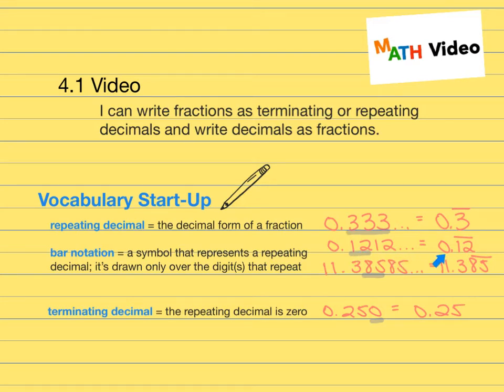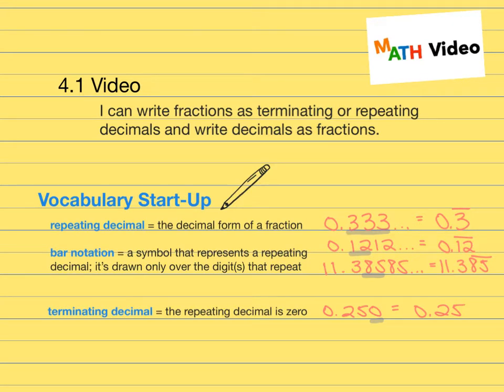So we can simplify that repeating decimal by writing 12/100 repeating. Notice the bar notation above the 1 and the 2. And then finally, in this example, the only 2 digits that are repeating are the 8 and the 5. So we write the number with the bar notation above the 8 and the 5.